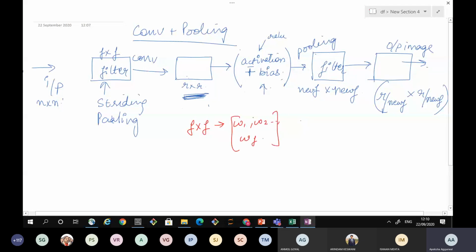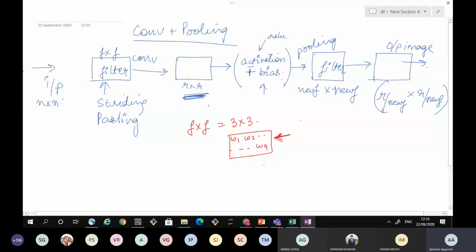And then again for the next layer also w1, w2, and so on for the second filter. Let's look at the example. Suppose I have an f cross f, that is 3 cross 3 filter. For a 3 cross 3 filter I have weights w1, w2 up to w9. I want to learn all these weights via the CNN.